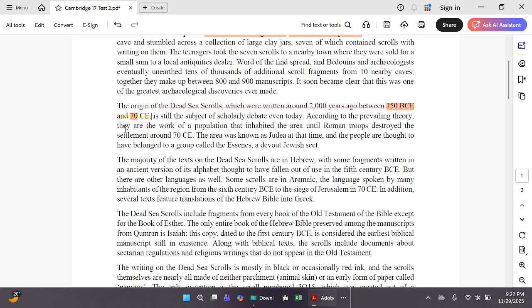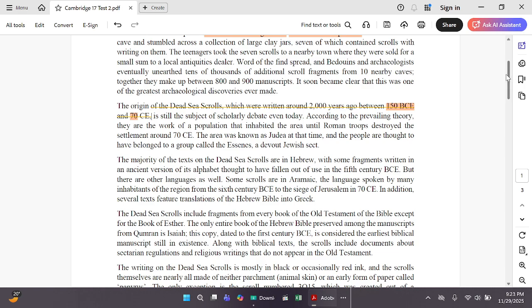According to the prevailing theory, they are the work of a population that inhabited the area until Roman troops destroyed the settlement around 70 CE. The area was known as Judea at the time, and the people are thought to have belonged to a group called the Essenes, a devout Jewish sect.